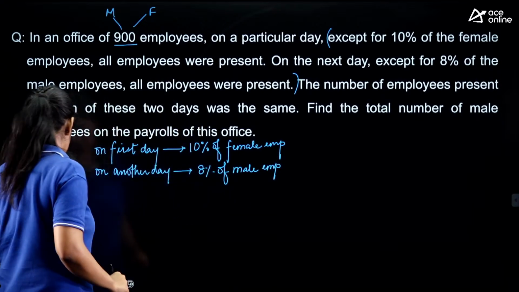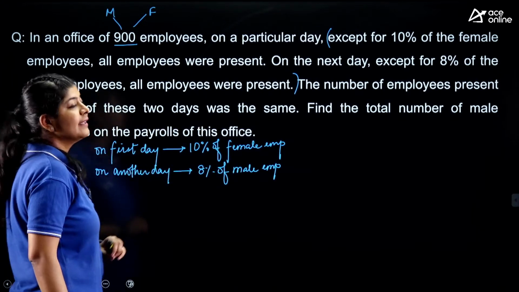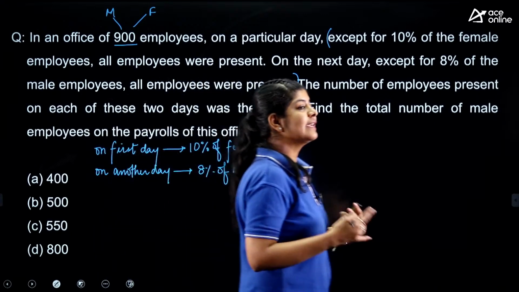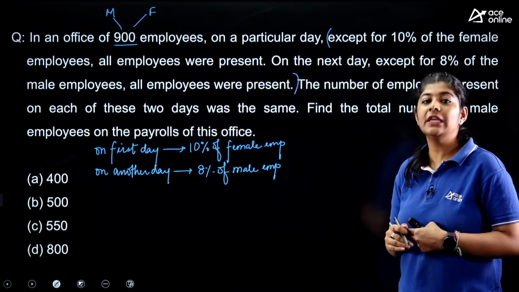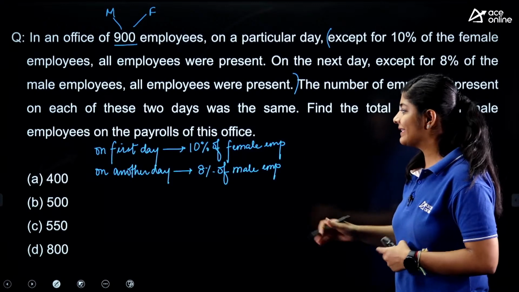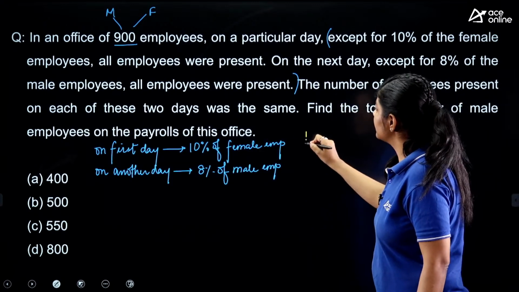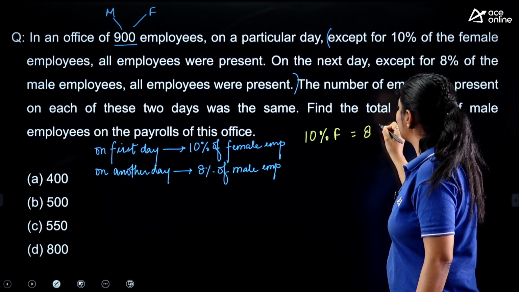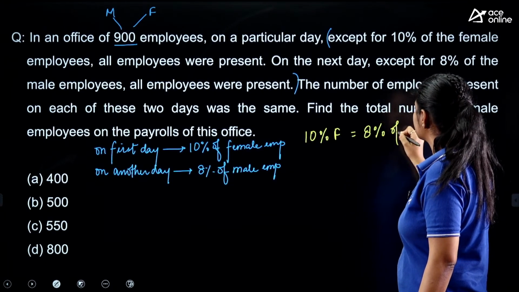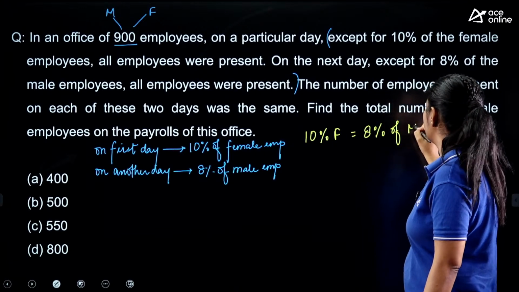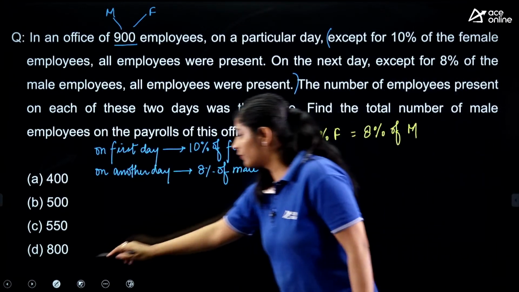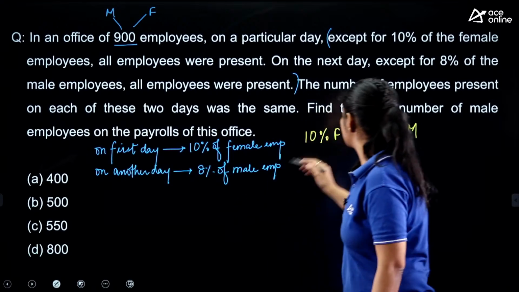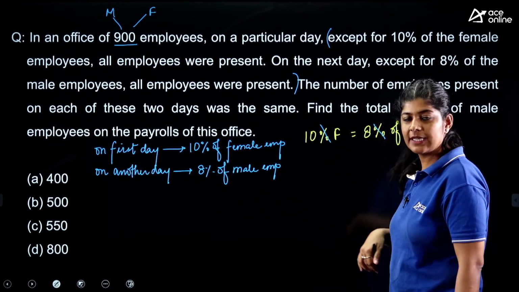But it is also saying that the number of employees present on the individual days was equal. So we can say that 10% of females is equal to 8% of males. From this, the percent signs are eliminated.